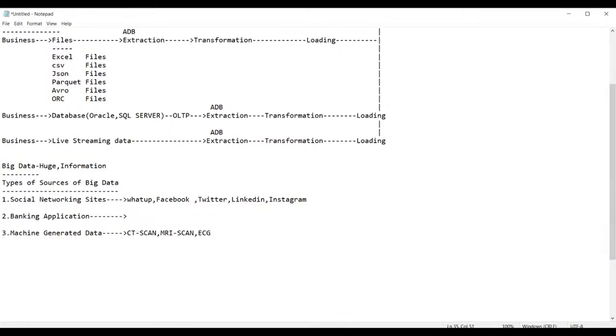These are the machines which generate some data. This kind of data is also considered big data, a massive amount. The CT scan machine generates a very massive amount of data. That is called machine generated data. Any machine which generates data produces machine generated data. That's it.